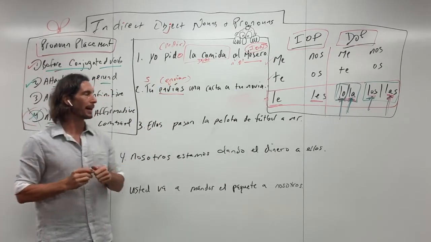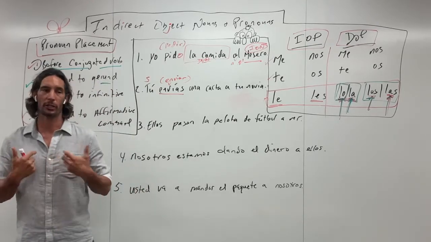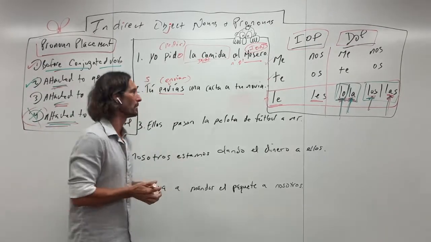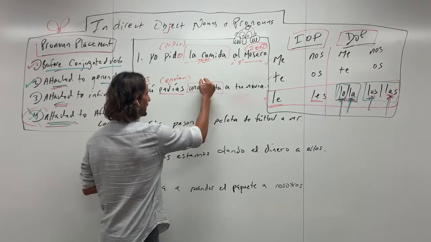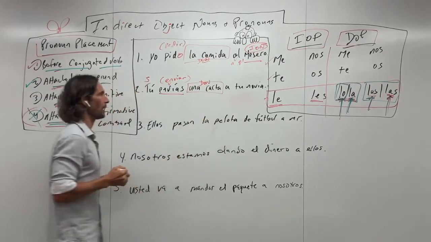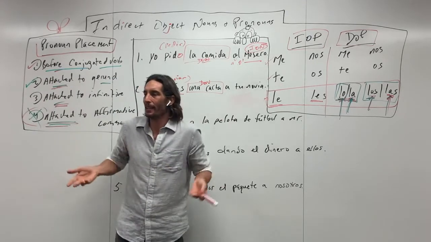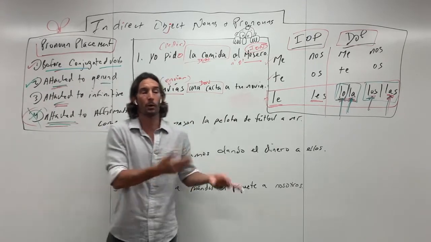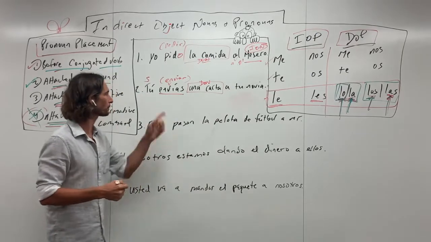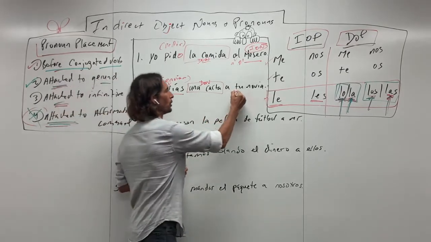Una carta a tu novia. So enviar is to send. What is being sent? Well, a letter is being sent. So that becomes our direct object noun, right? Tú envías una carta to whom? ¿A quién? To whom or for whom, right? In this case, of course, to whom. And that is to your girlfriend.